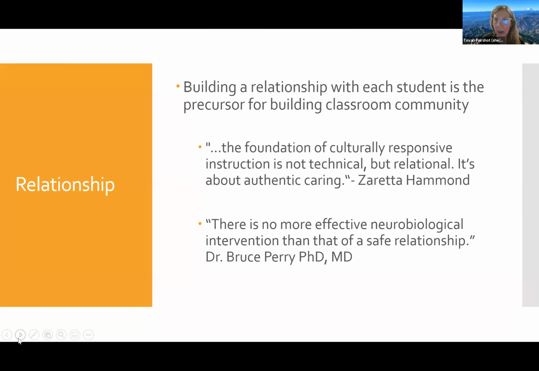And Dr. Bruce Perry, a research doctor of trauma for youth, says that there is no more effective neurobiological intervention than that of a safe relationship. Our students need relationships with us. They need that encouragement, that connection. They need us to support them unconditionally.